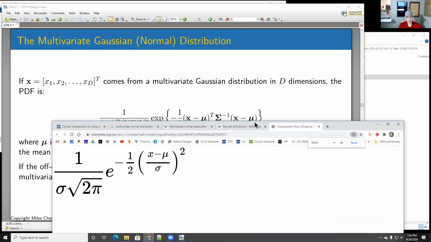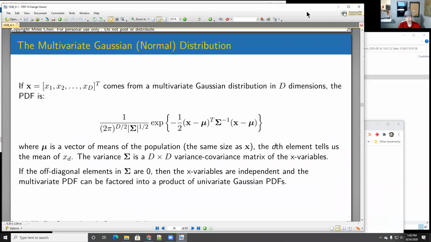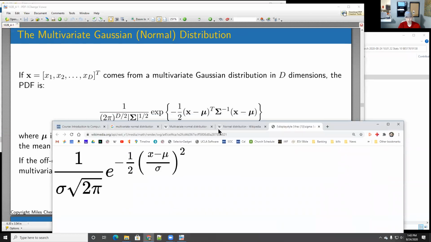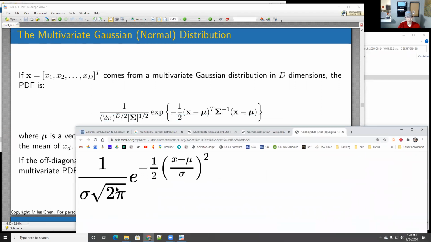Here's the PDF of the normal distribution, and you can see there's a lot of parallels. Here it's 1 over root 2 pi, and here it's basically root 2 pi raised to the d dimensions. If it's one dimensional, it just becomes root 2 pi, but if it's 2 or 3 or 4 dimensions, then it's raised to the d over 2 power.